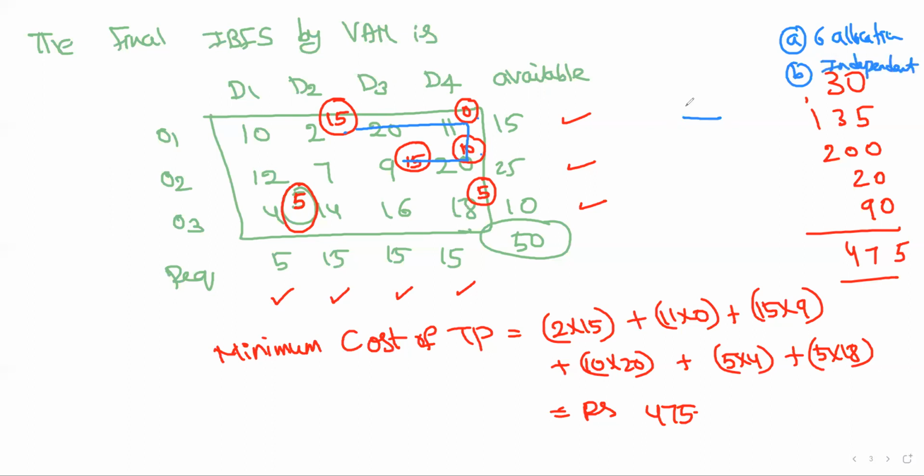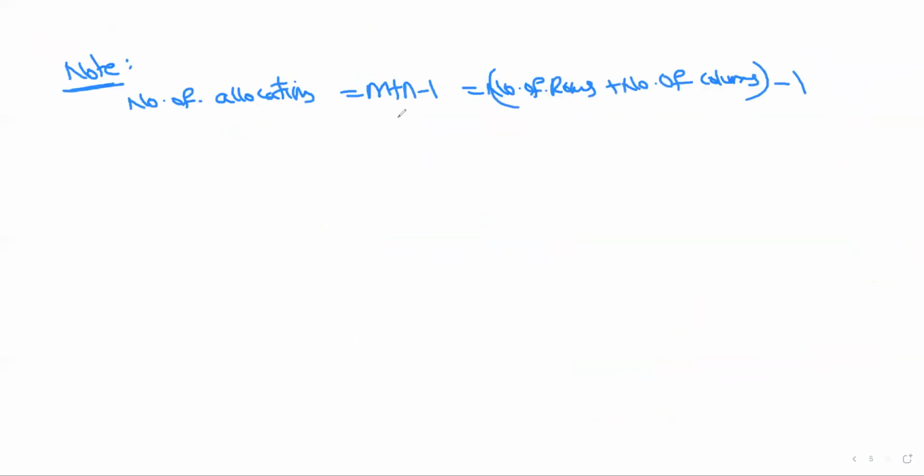So allocations should be m plus n minus 1 in number, and the second condition is independent position.